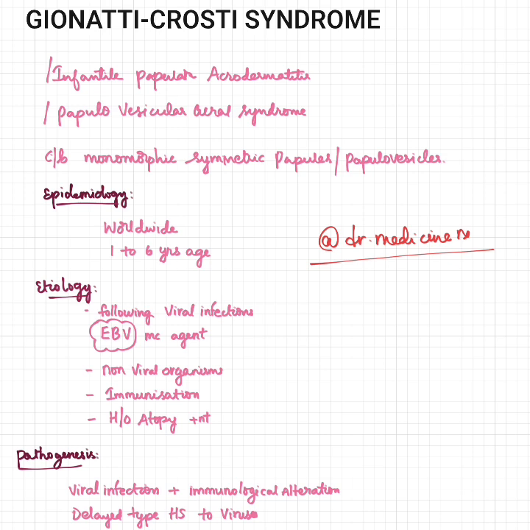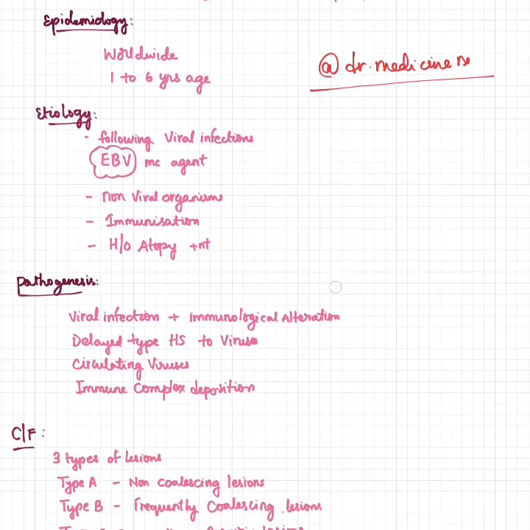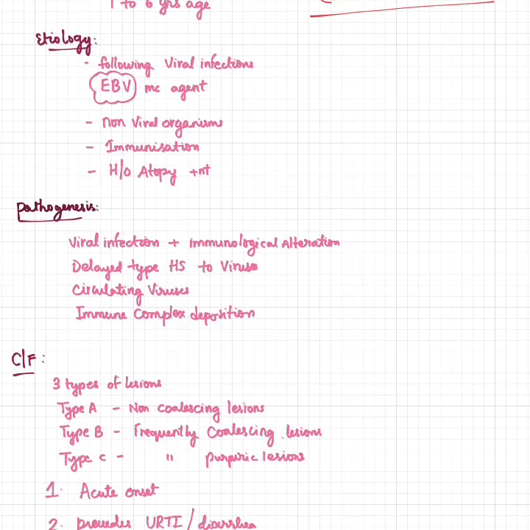Coming to epidemiology, it occurs worldwide and the most common age group affected is between 1 to 6 years of age. It can also occur in adults, but it is very rare. Coming to etiology, it commonly follows viral infections, and of these Epstein-Barr virus is the most common causative agent.